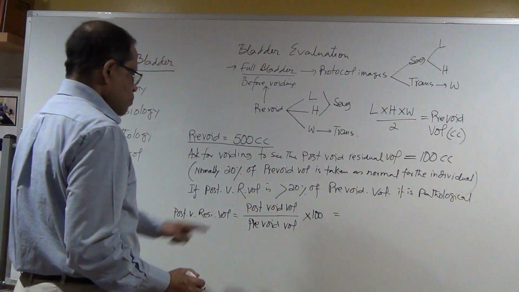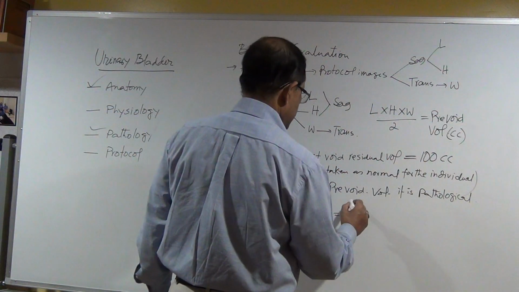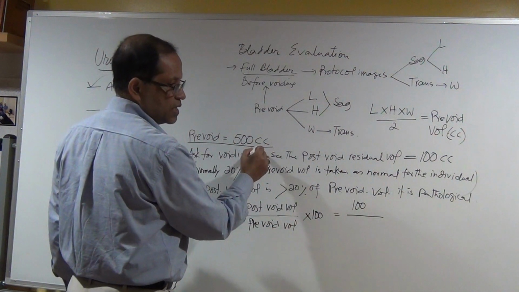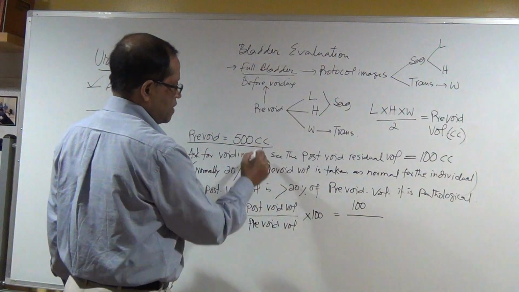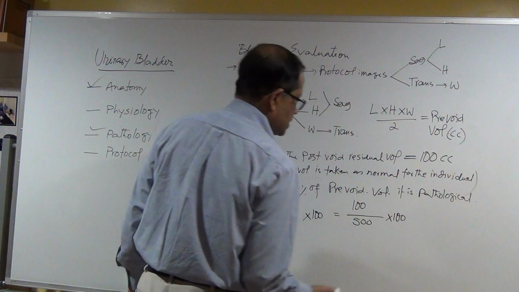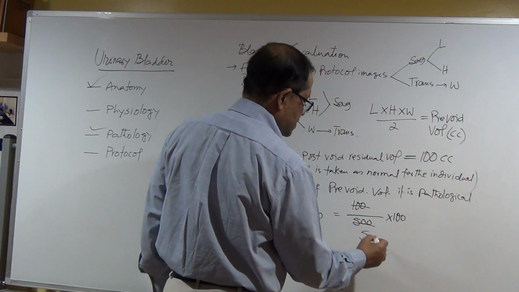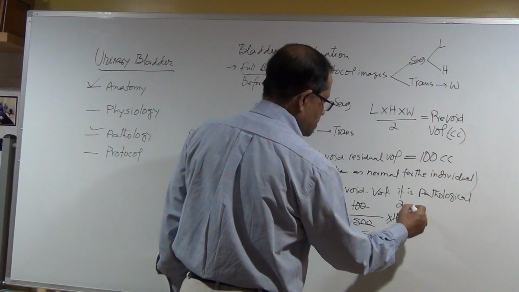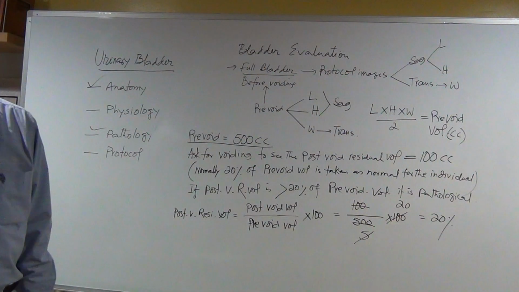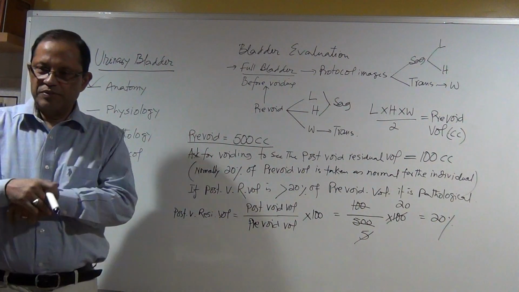So post-void volume we found 100 and pre-void was how much? 500. 500 times 100. So now you can easily divide it by 5 and the 5 is 20. So now 20%. Then still we will say, okay, bladder is working good.